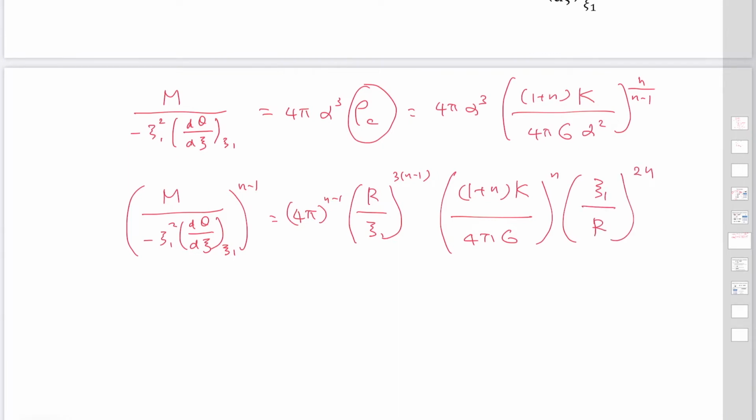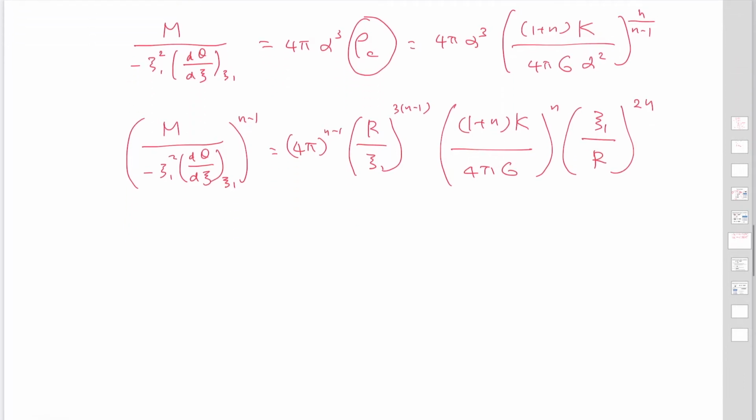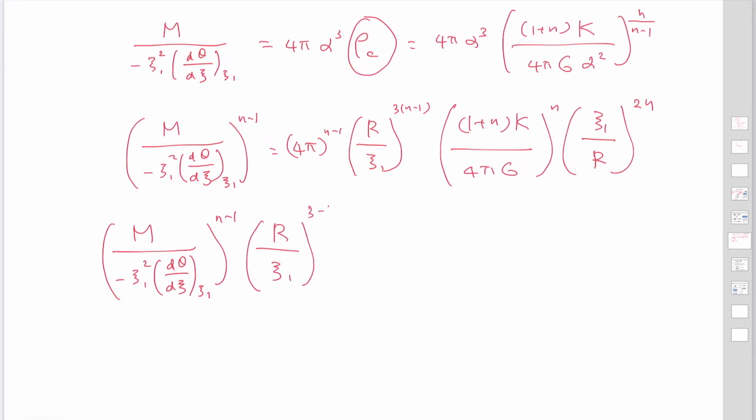So from this equation, you can keep changing the equation. M over minus g sub 1 squared d theta d g at g sub 1 n minus 1. Then r over g sub 1. This becomes 3 minus n equals 1 plus nk to the n over 4 pi G to the n.